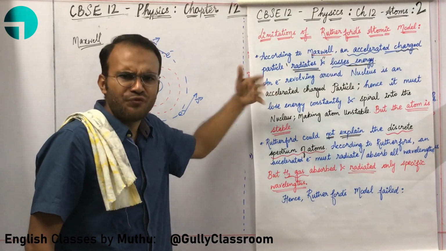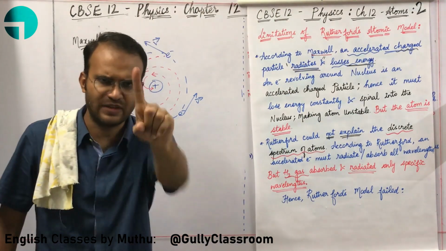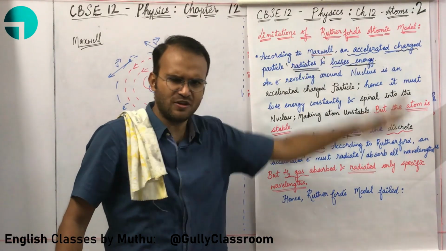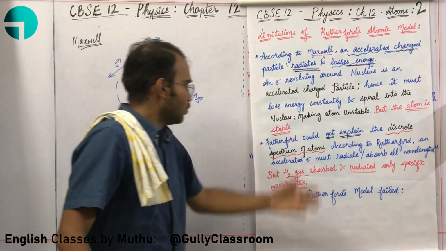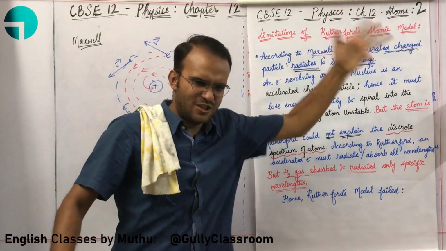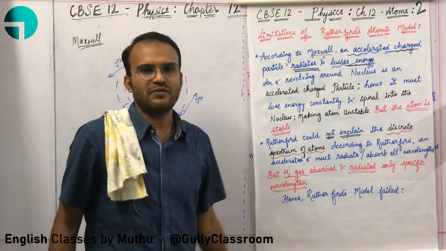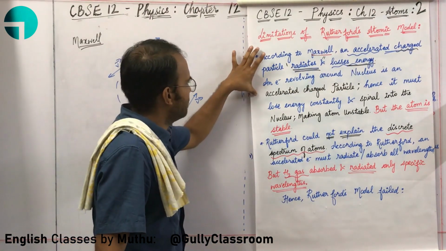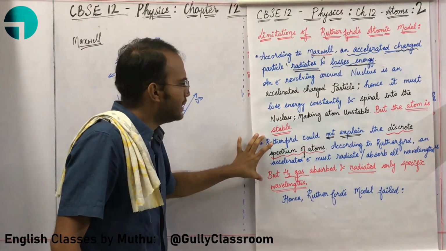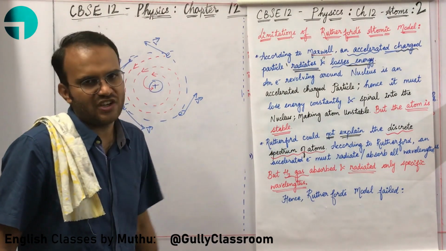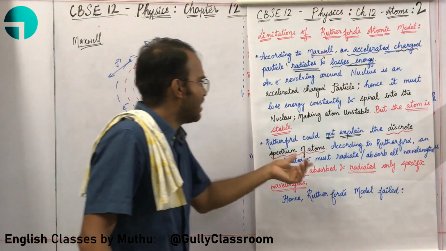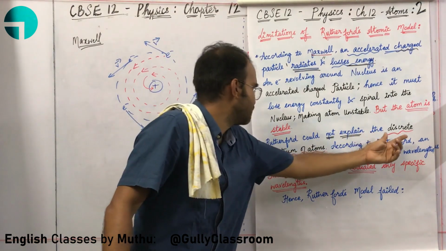So first, Rutherford failed to explain the stability of the atom. Second, Rutherford was not able to explain the discrete spectrum of the atom. Sir, I am very comfortable with this particular point. This particular point needs a bit more explanation. I understand that because I have not explained the meaning of the term discrete.